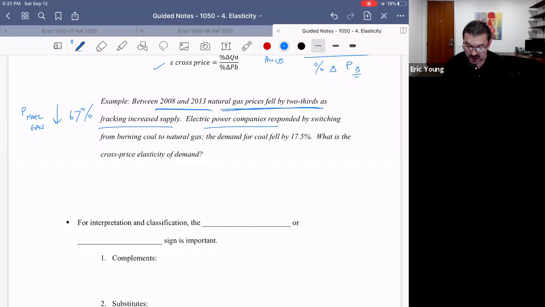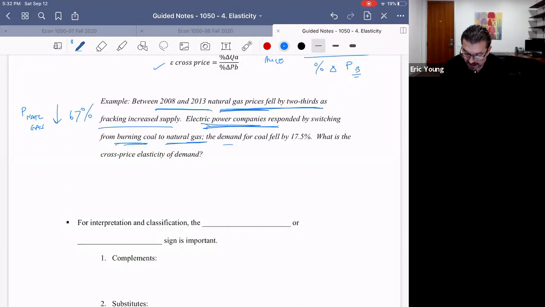Electric power companies responded by switching from burning coal to burning natural gas. Electric power companies generate electricity by burning fossil fuels often. When these companies saw that natural gas prices fell, they switched away from burning coal and toward burning natural gas.